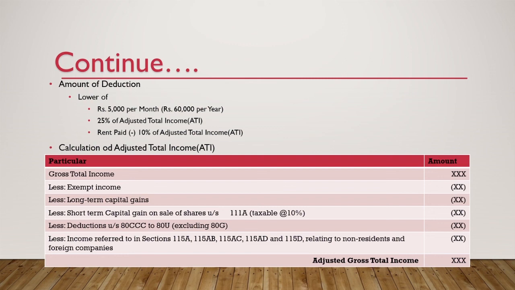Whatever is the figure coming out, that is the adjusted total income.